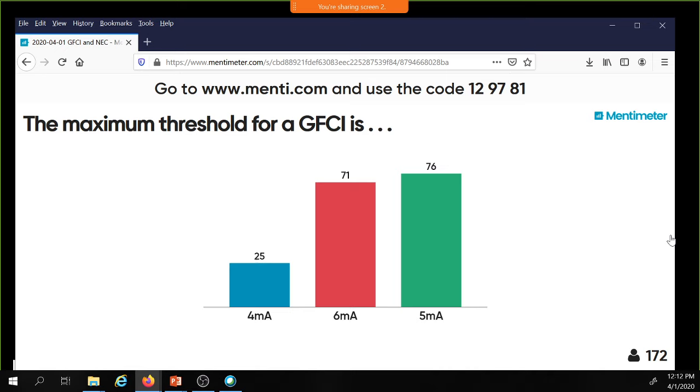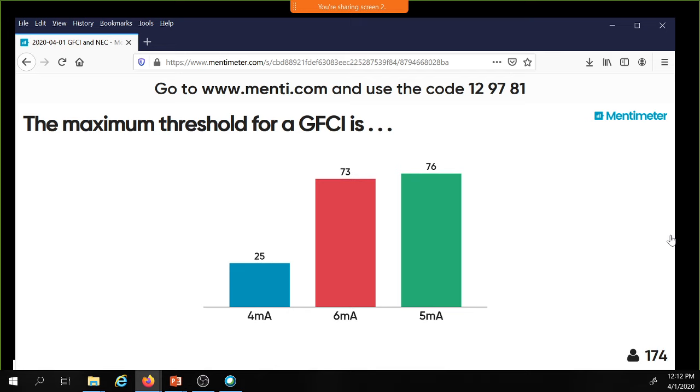But the standard UL 943 tells us we have to trip anywhere between 4 to 6 milliamps. So the upper limit is really 6 milliamps. The lower trigger threshold is 4 milliamps. So I have that margin. I could trip anywhere in that threshold.